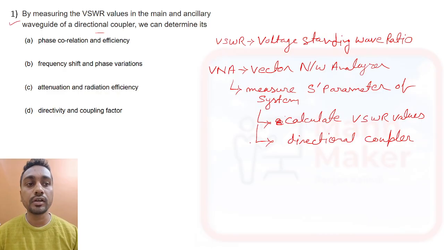So once we know the S parameter of a system, then you can find VSWR and directional coupler.